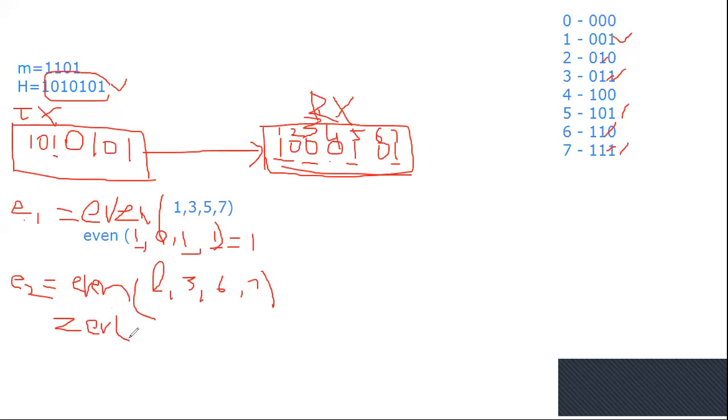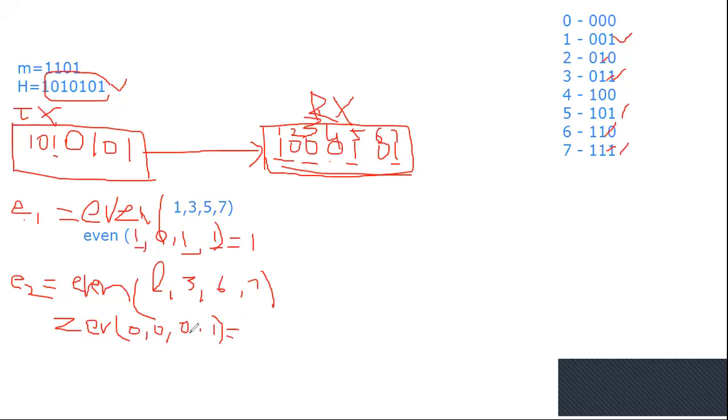Even parity of these: how many ones are here?